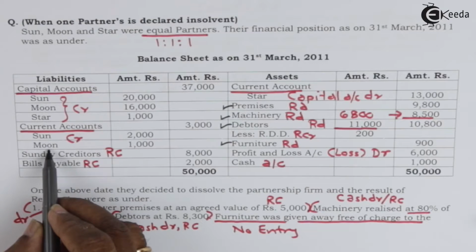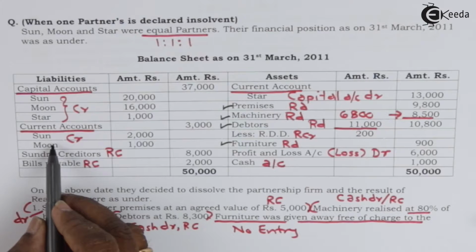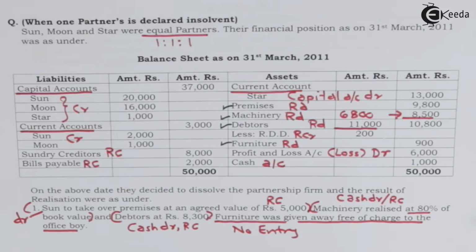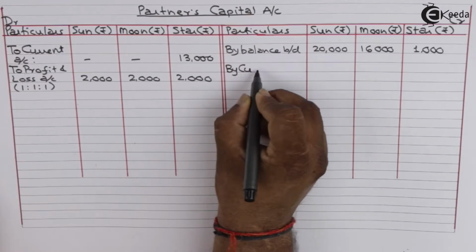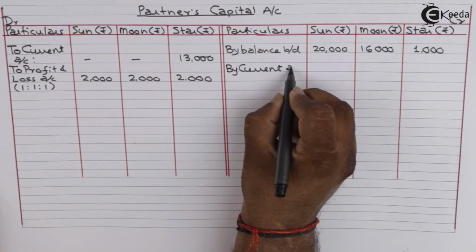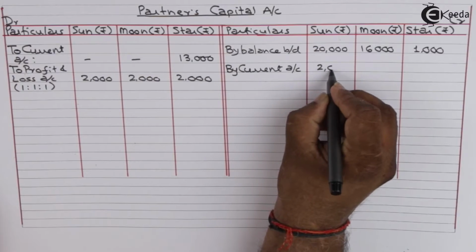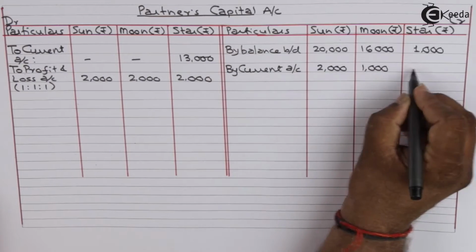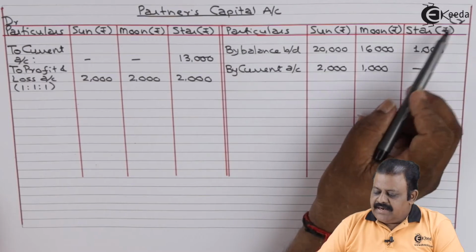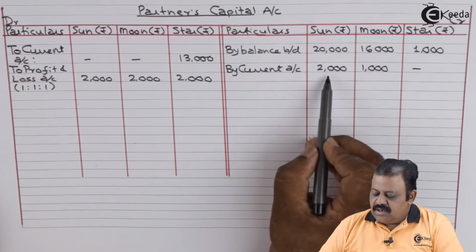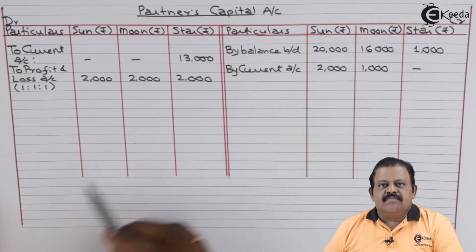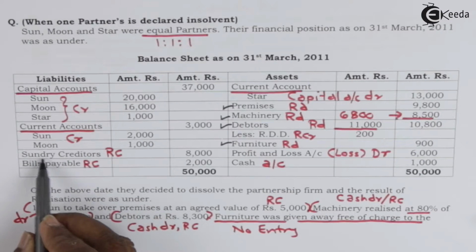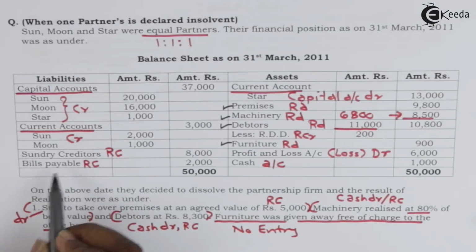Current accounts of Sun and Moon, they are having a credit balance. It will be transferred to the credit of their capital accounts. Partners' capital account credit side by current account Sun 2,000, Moon 1,000. Liability side, last two liabilities creditors and bills payable will be transferred to the realization account on the credit side.